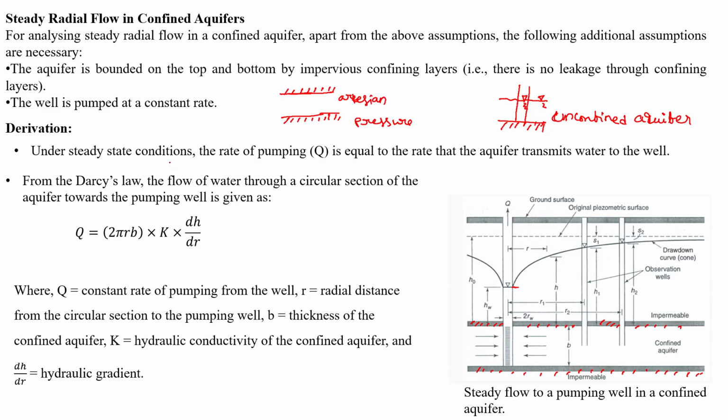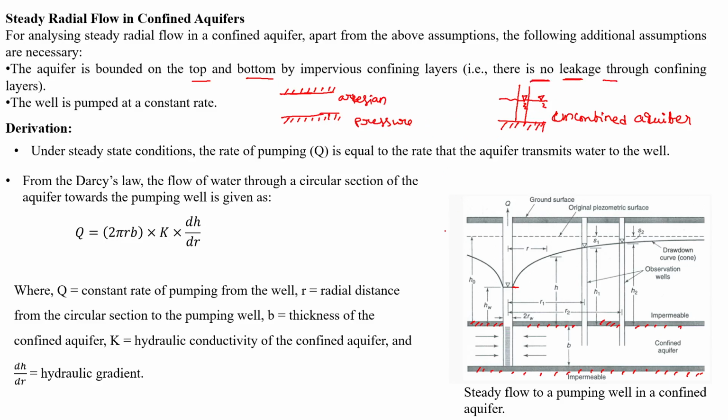Additionally, before we have seen a few assumptions about steady radial flow. Similarly, we need to make two more assumptions to solve for a confined aquifer. One is that the aquifer is bounded on top as well as the bottom, confined at both, and there is absolutely no leakage.